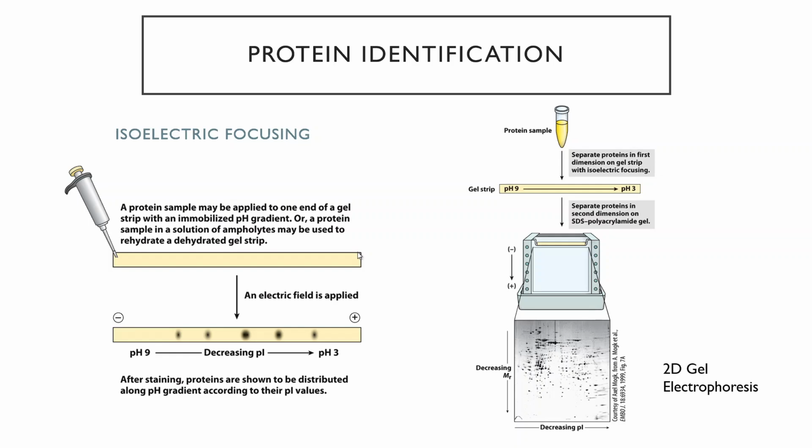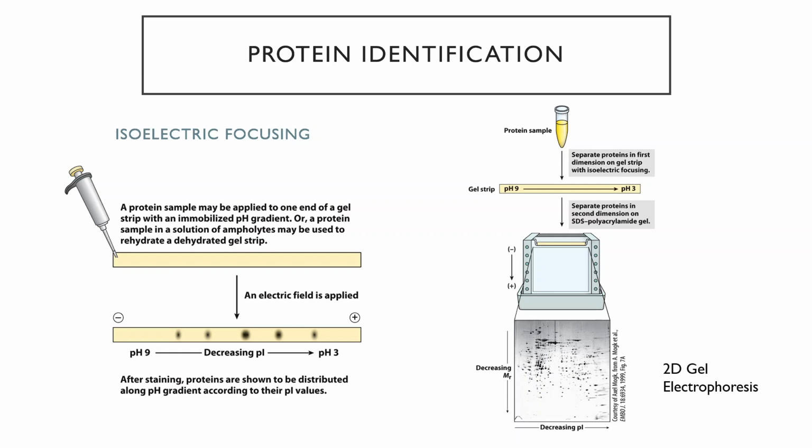You add your protein to one end, usually the end with the higher pH. At very high pH, most proteins will be negatively charged because they will have lost their protons, if they have any to lose. Then you apply a current so that your protein starts moving through that gel.